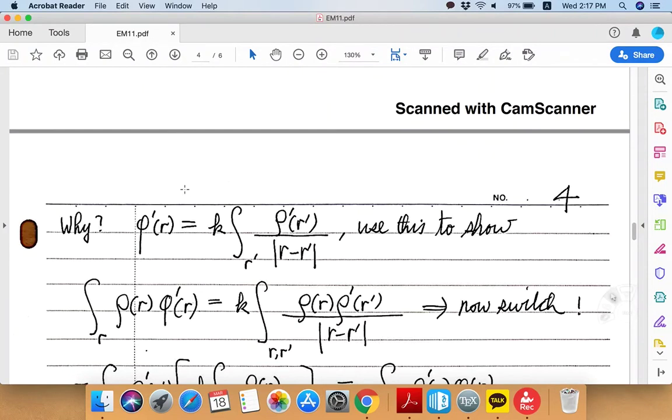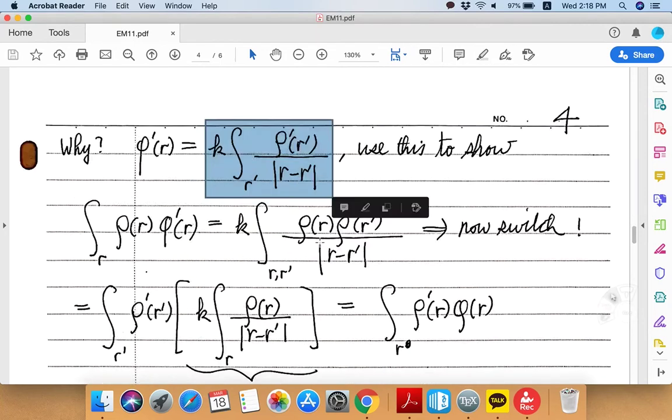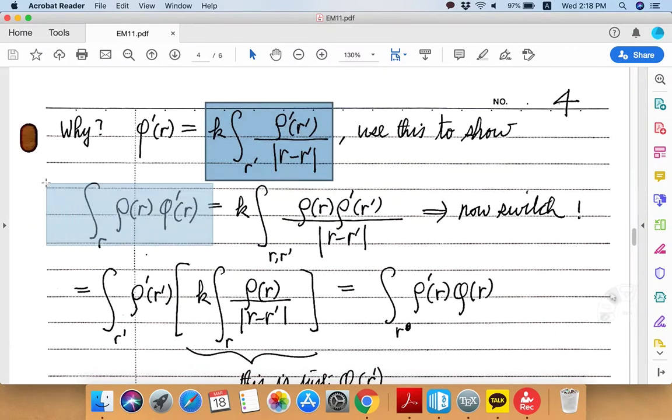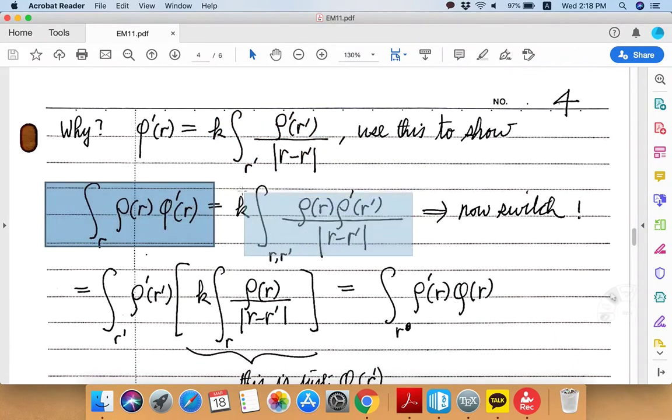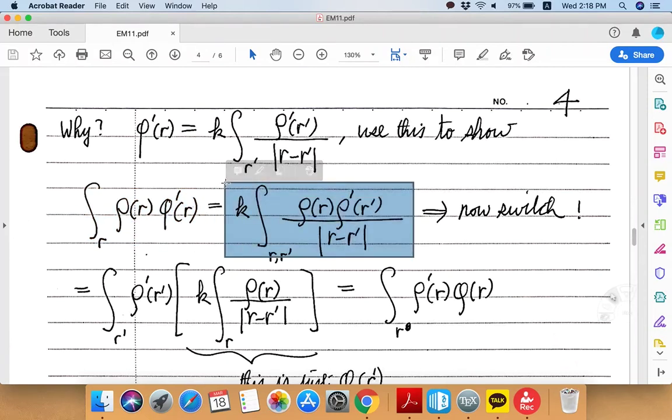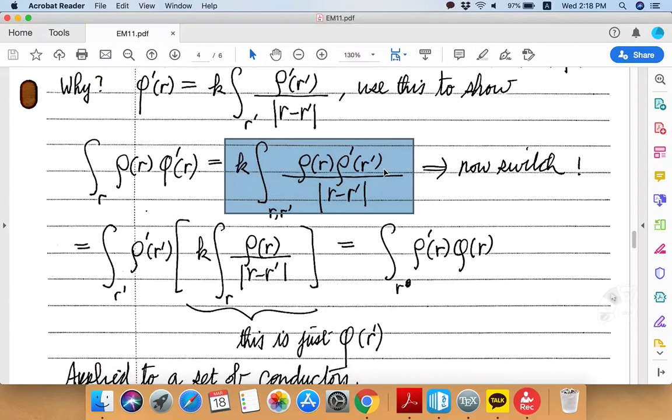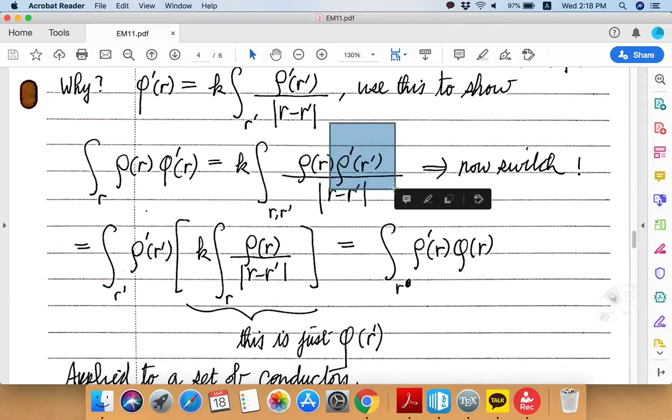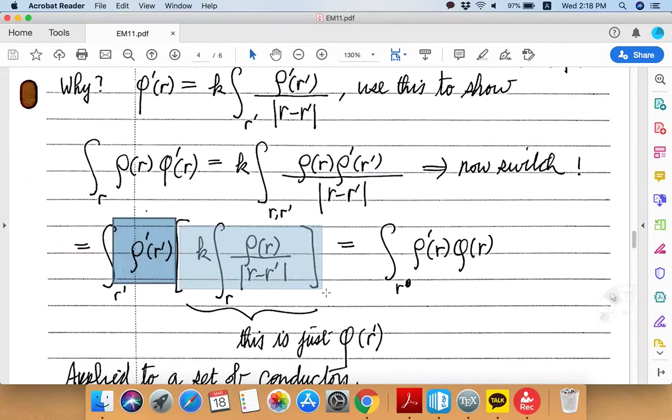The reason is that the new potential phi prime is given in terms of the new charge density rho prime in this familiar manner. And now we use this formula to express the rho times phi prime like this. Okay, and as in the previous proof of Green's reciprocity theorem, I'm going to switch partners and isolate rho prime first. If I isolate rho prime out like this, then the remainder is this function.